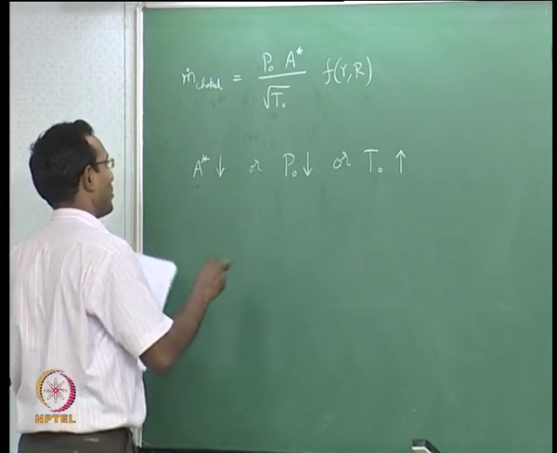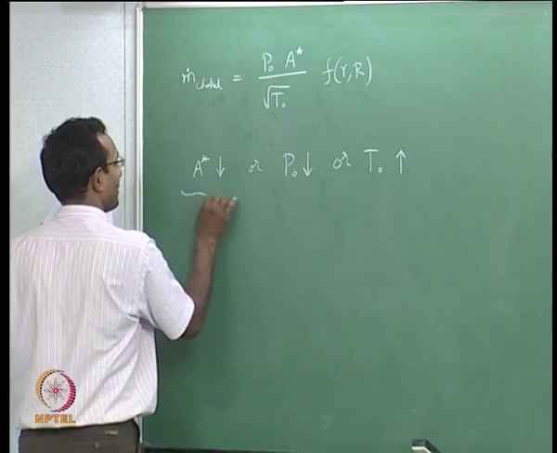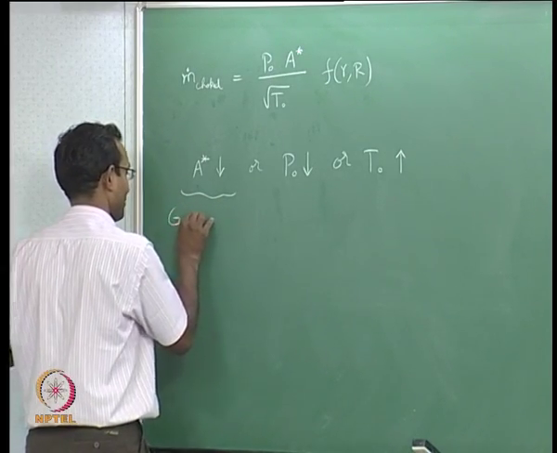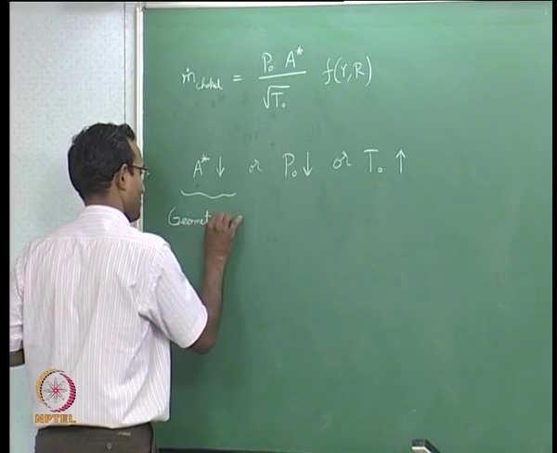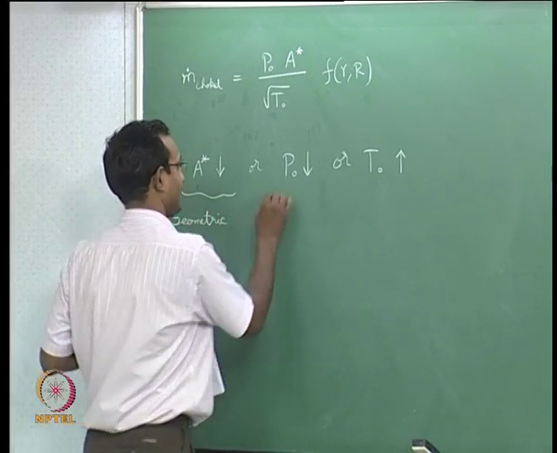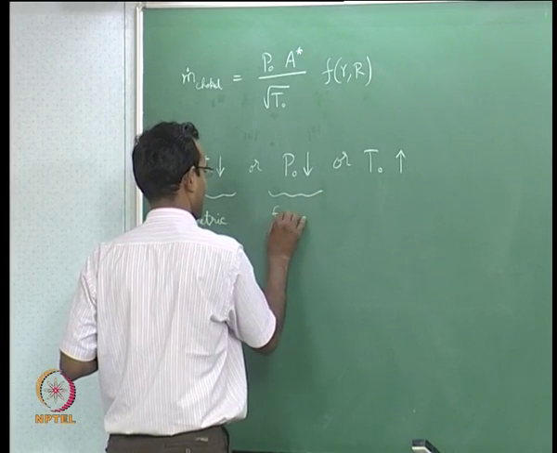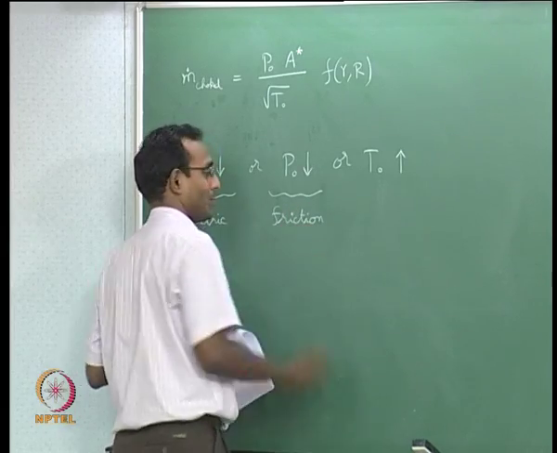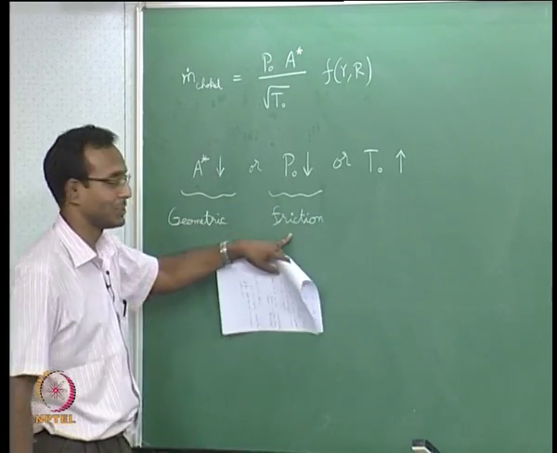But I just want to give names for each of this. Decreasing area and the flow goes towards choking is your geometric choking. This is typically called friction choking, it need not be just because of friction, it can be mixing based choking also.